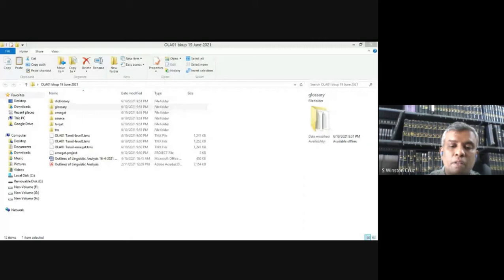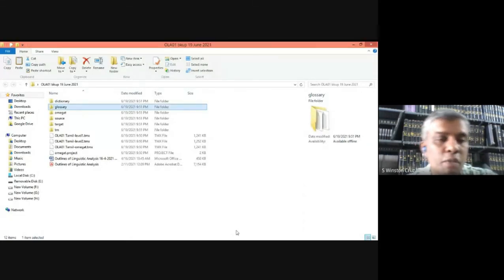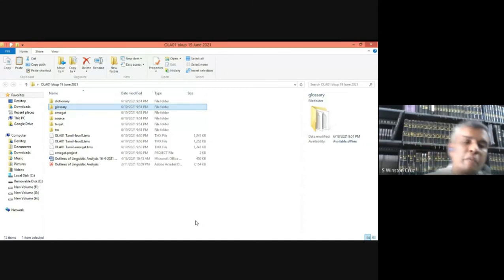I'll show you the window in one minute. Can you see this window? I hope you can see it. This is the project folder of a typical project saved by a CAT tool like Omega T, where a dictionary folder is created and a glossary folder is created.